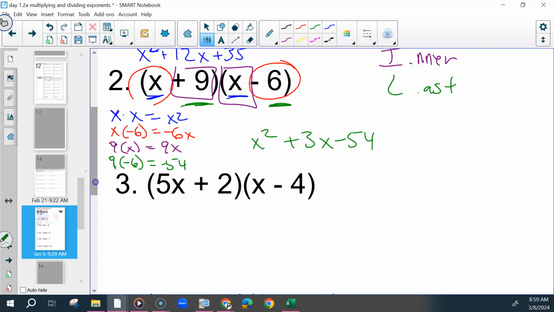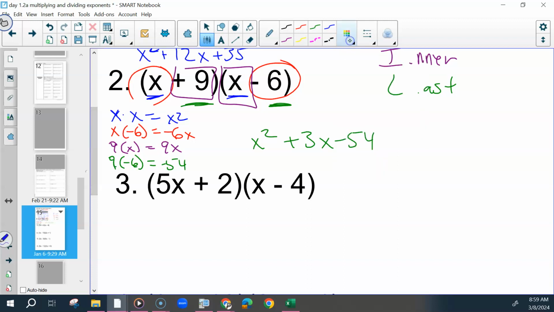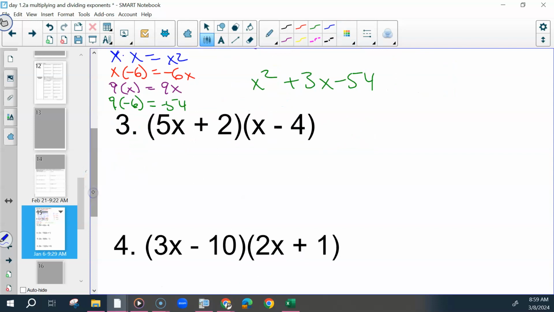We're going to do that once more, but without separating it like this. If this helps you see it visually, what you're doing to everything, keep doing that. But if you can do this next part without doing that, that's also fine. So I'm going to multiply the same things first. So 5x times x would be what? 5x squared.